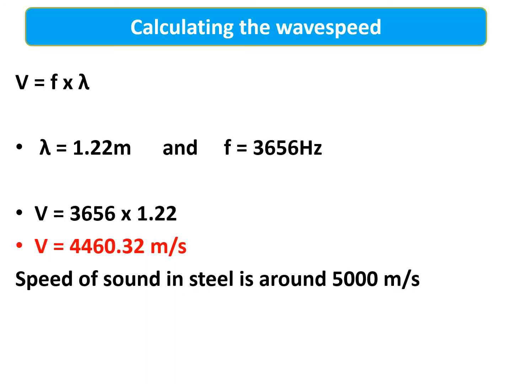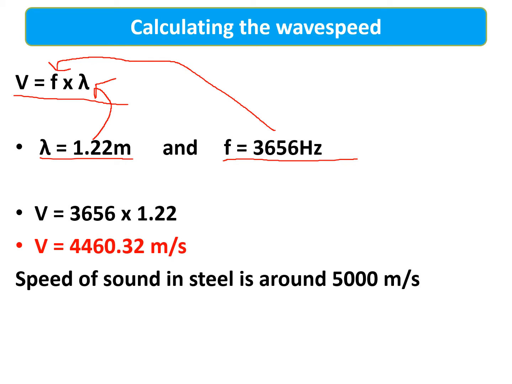Right then, so we have our equation that wave speed is frequency times wavelength, and we have our values that we collected. So now we can start to calculate the wave speed. So the wavelength was 1.22. The frequency was 3,656 hertz. Okay, all we then need to do is sub those in. So of course the wavelength will go there and the frequency will go there, which takes us now to this line.